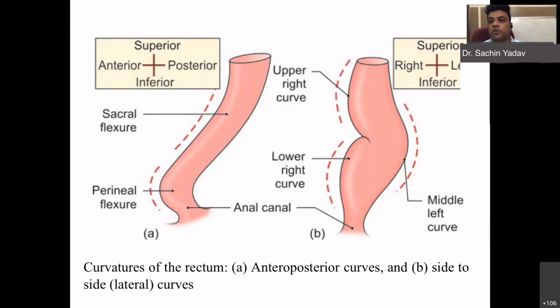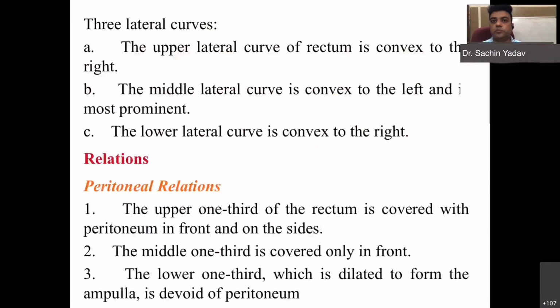Okay, so these curves you are seeing. Opposite to each curve, on the concave side, there is a rectal mucosal fold in the lumen. We'll see later on how it looks. Okay, so we have seen the three lateral curves.